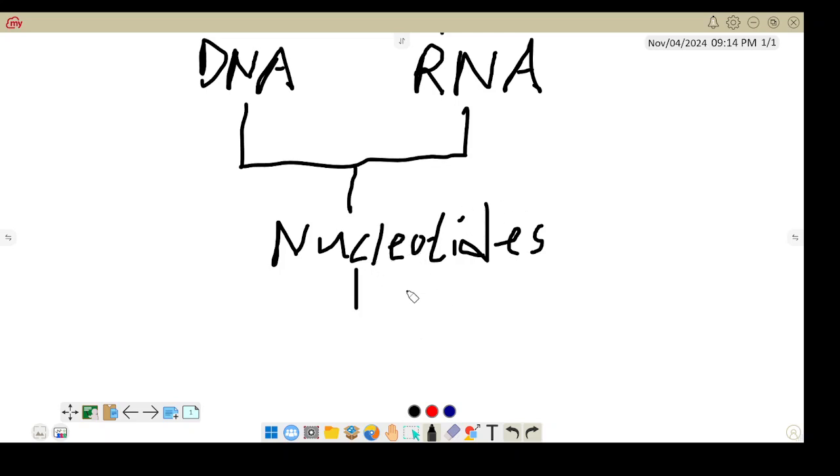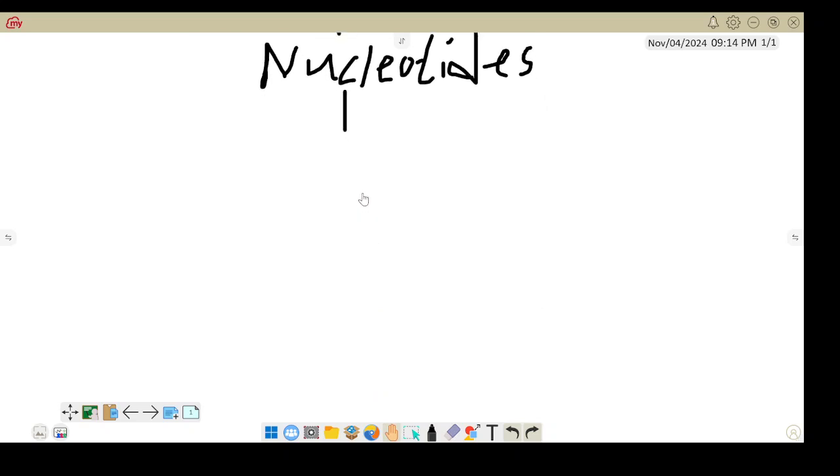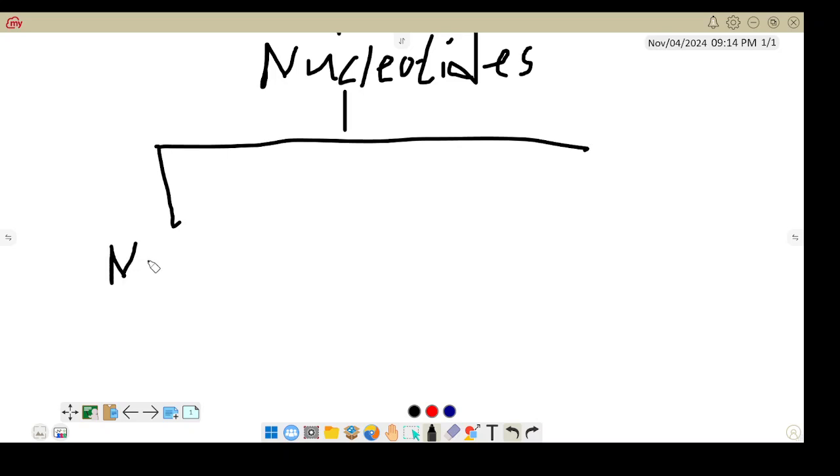So what do we find in a nucleotide? So the nucleotide has three components. So in a nucleotide, we have a nitrogenous base. So just for short, I'll write it as nitrogen base.